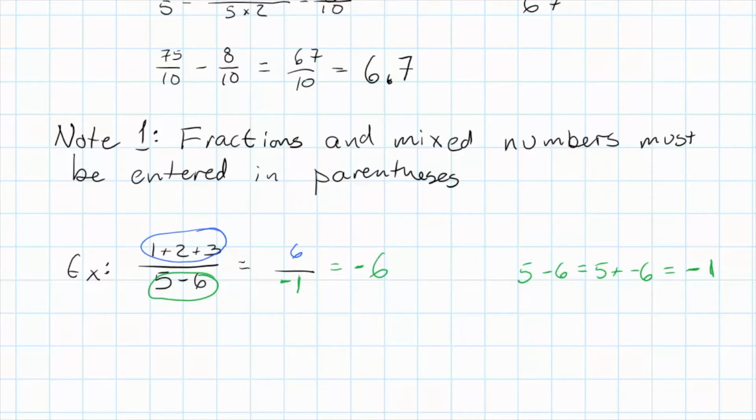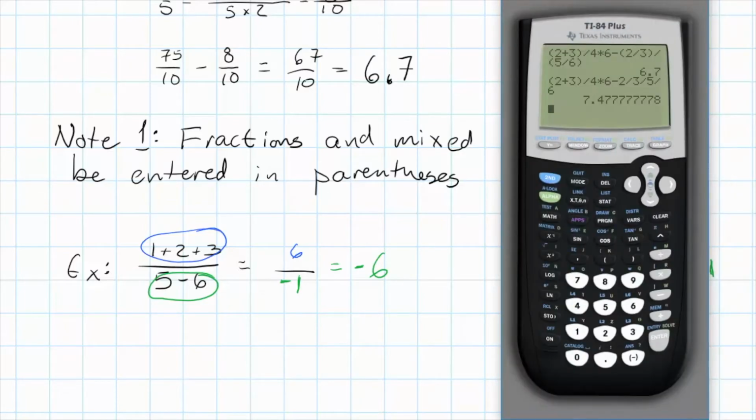Now notice when I put this into the calculator, if I put in 1 plus 2 plus 3 over 5 minus 6, I get something that's just completely wrong. Why? Because entered like this, the only division that's happening is 3 divided by 5.